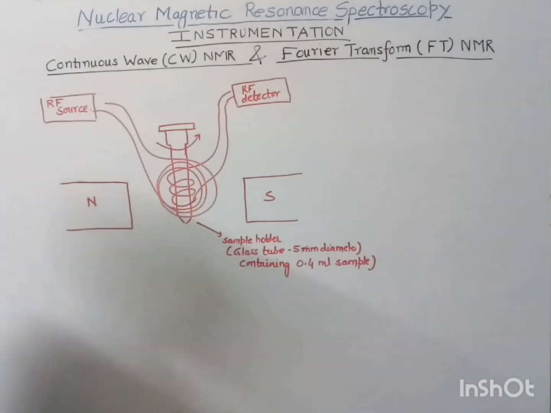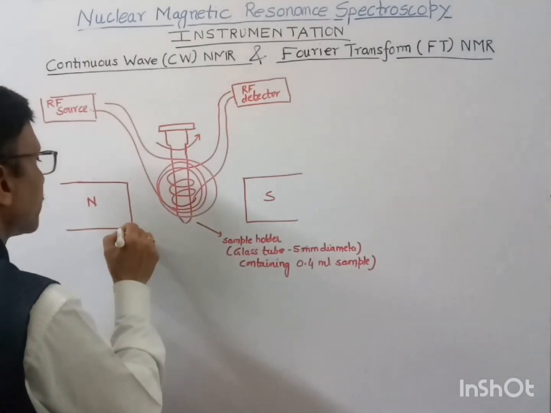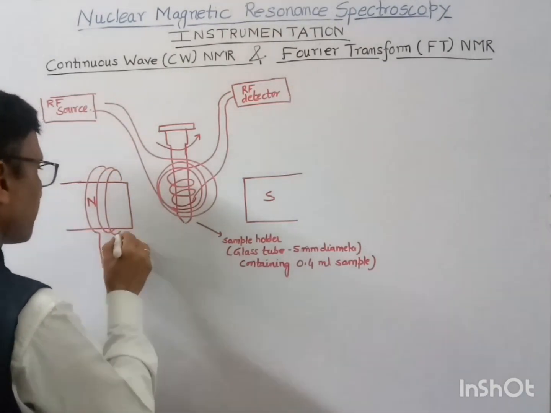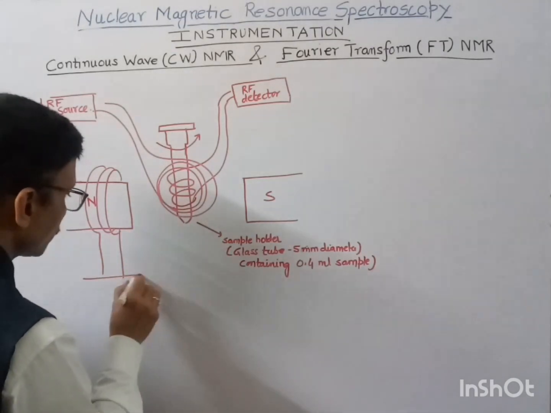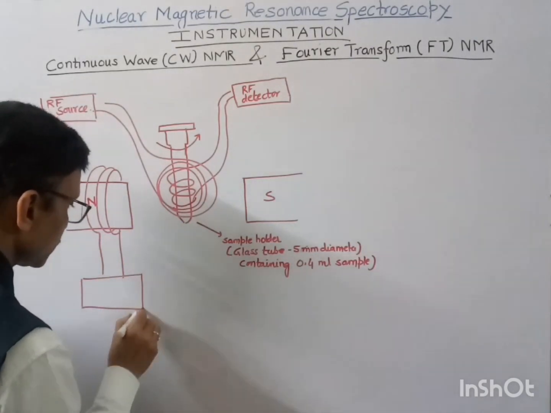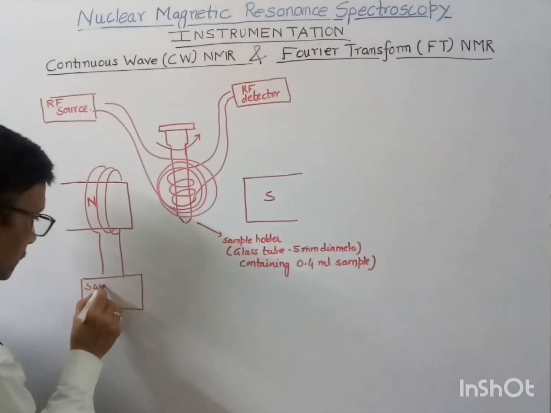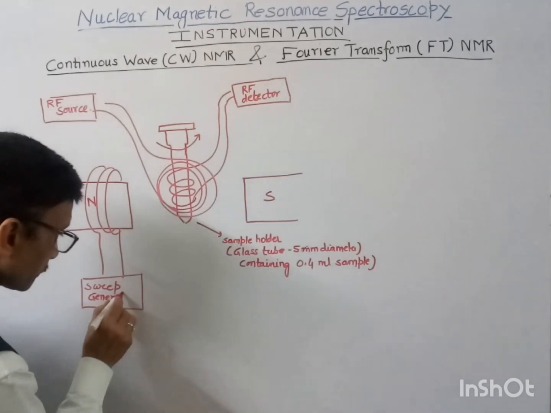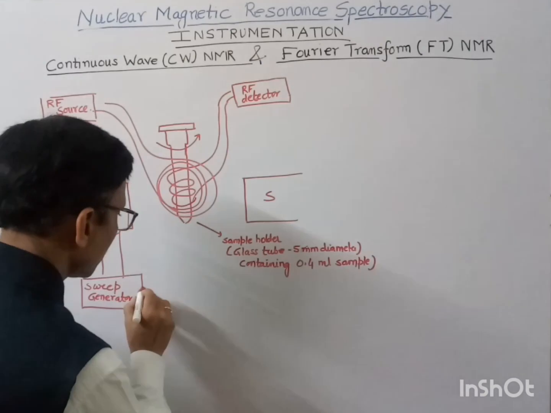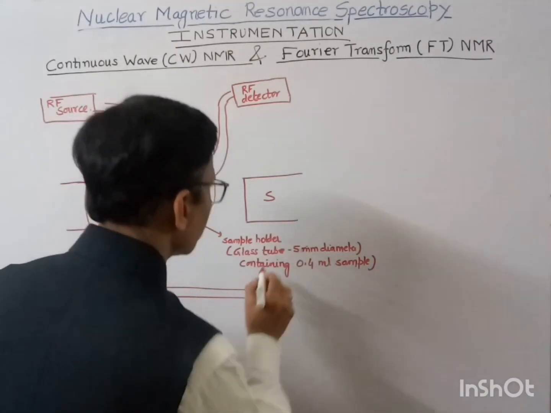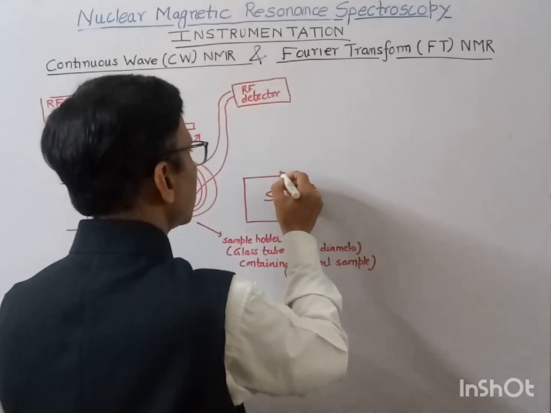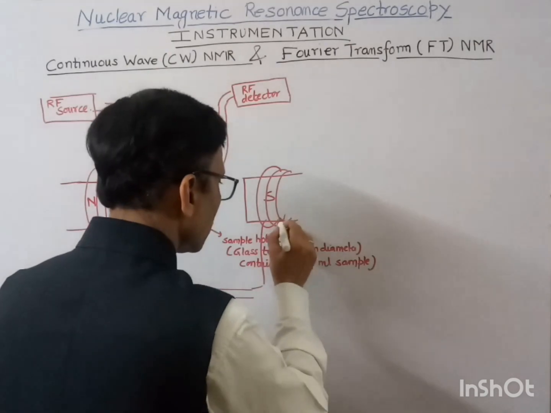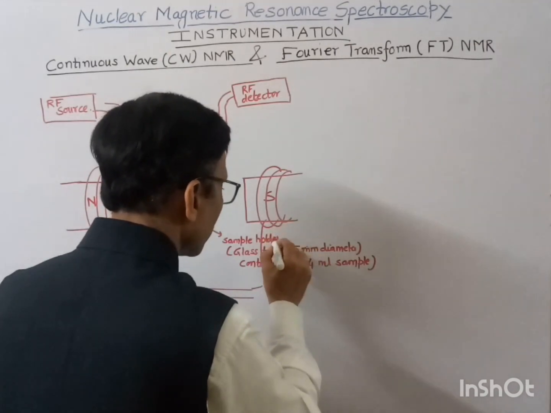Now these strong magnets are also surrounded by the sweep coils, and this is our sweep generator. In the same way, this south pole magnet is also surrounded by a sweep coil, or we can say electromagnet coil.